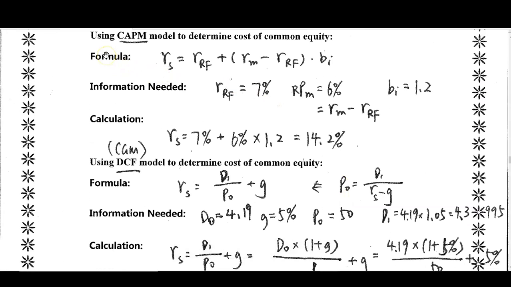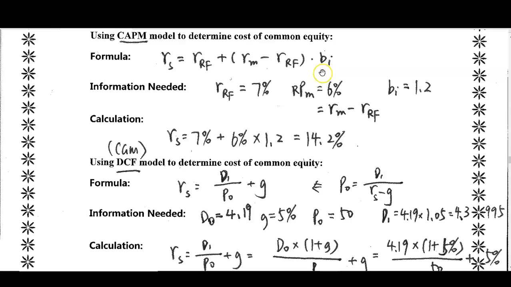So if we want to use the first method, CAPM model, to determine the cost of common equity, we can use RS, cost of common equity, equals risk-free rate plus RM minus RRF, market return minus risk-free rate. Okay, this is together called market risk premium, multiplied by beta of the firm.